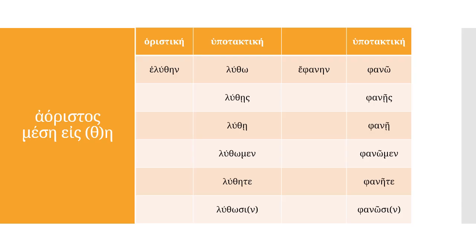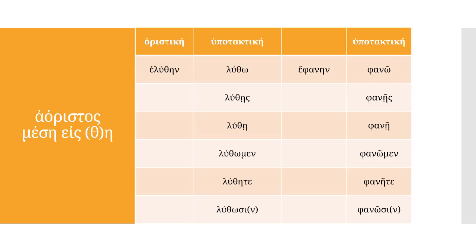We also find the aorist in the middle in theta eta. Eluthen, here we have no augment. So our aorist middle stem in theta eta becomes our aorist middle stem in theta, and then we add on the same endings with no extra eta, just the lengthened thematic vowel and the endings. LuthO, luthes, luthe, luthomen, luthete, luthosin.